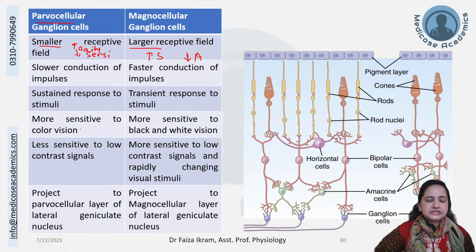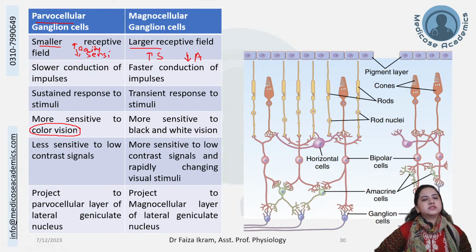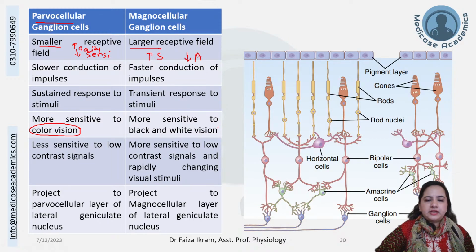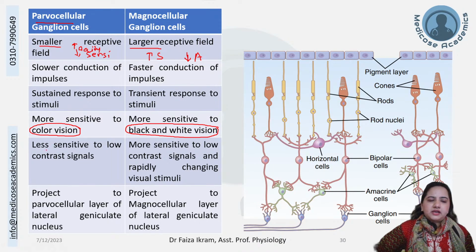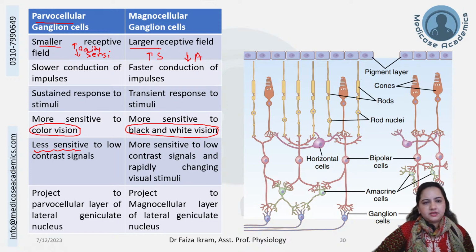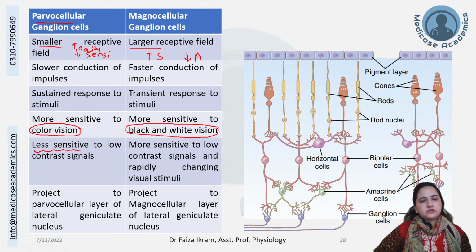Parvocellular ganglion cells are majorly involved in the color vision with the cones, whereas magnocellular ganglion cells are majorly involved in the black and white vision. In color vision, the cones and parvocellular ganglion cells have less sensitivity. The rods and the magnocellular ganglion cells have more sensitivity.